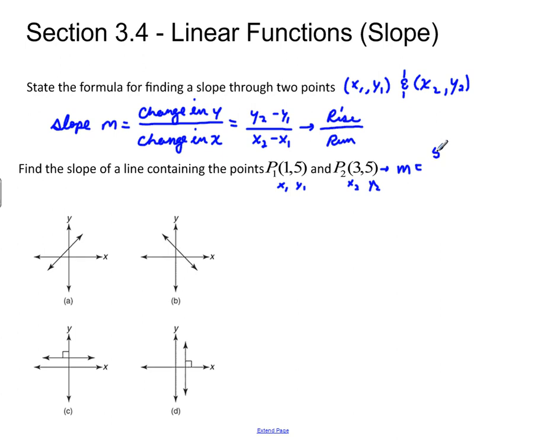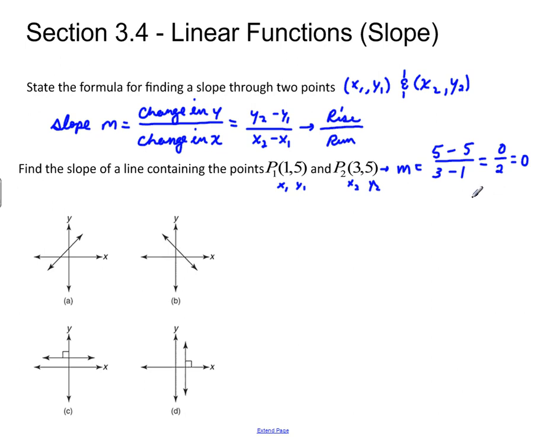The y value is 5 minus 5 divided by 3 minus 1. Well, in this case, 5 minus 5 gives us 0 in the numerator. 3 minus 1 gives us 2. And so our slope, at least in this particular example, is 0, because 0 divided by any number is just 0. Right.